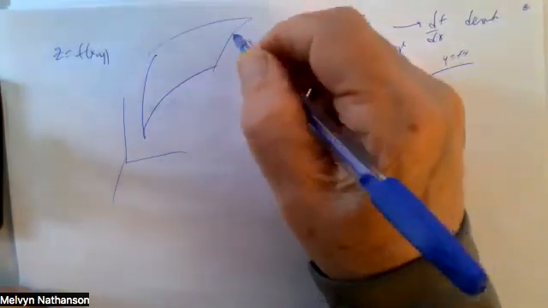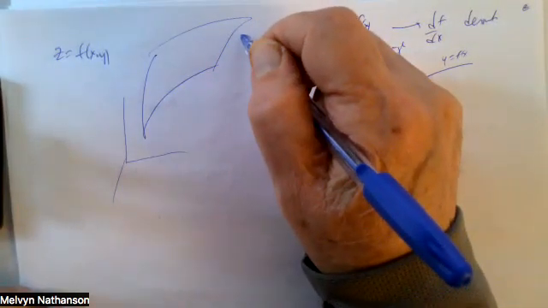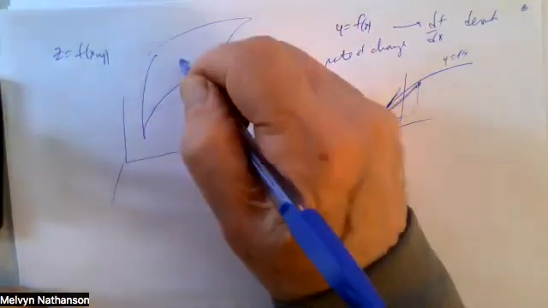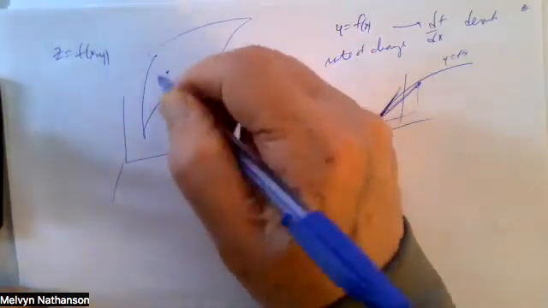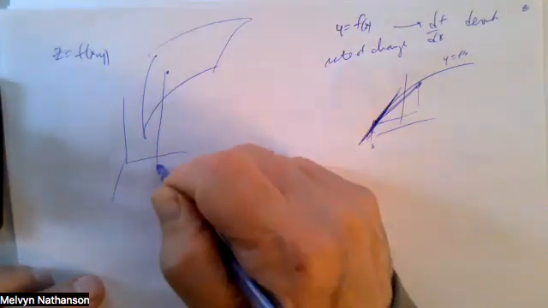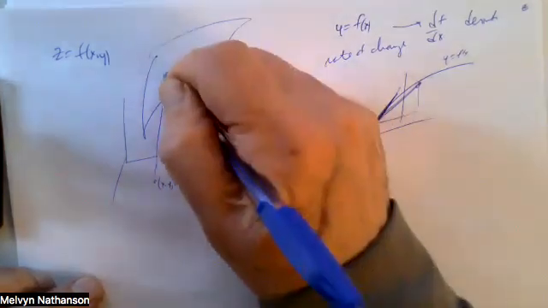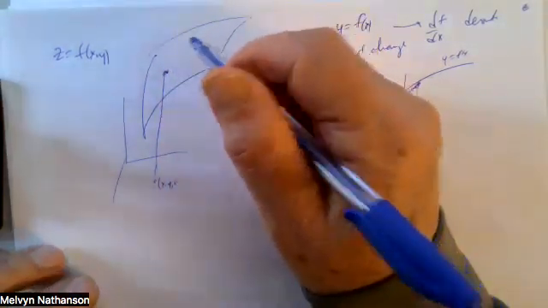For a function of two variables, it's more subtle because the graph of this function is a surface, and you might want to know at some point, here's some point (x, y, 0), and on the graph, this is the point (x, y, f of x, y).